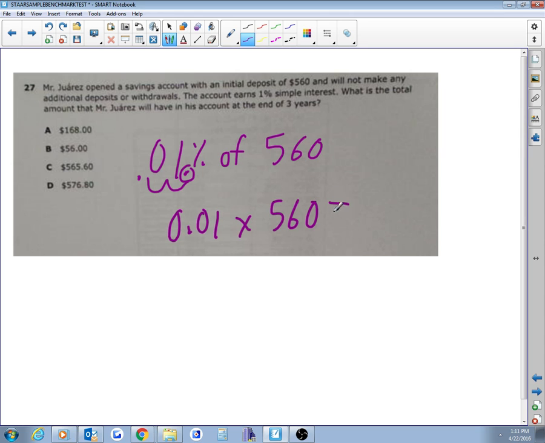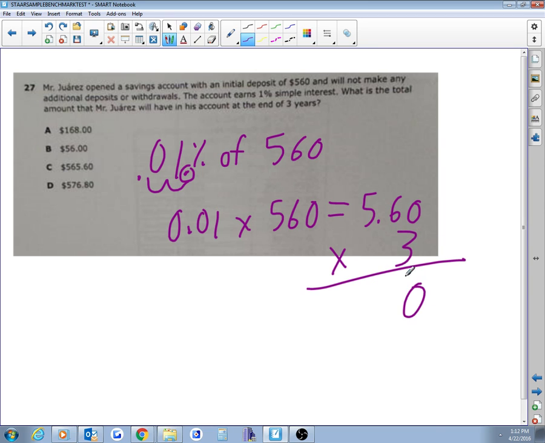That'll tell us for 1 year. Really, we just move the decimal twice. To find 10%, you move it once. To find 1%, you move it twice. So $5.60 is the amount he'll earn per year. That's 1% of 560. In 3 years, since it's simple interest, we can just do this times 3.